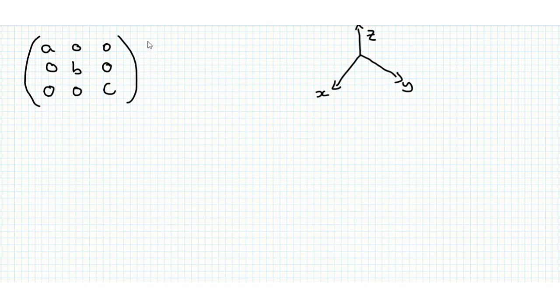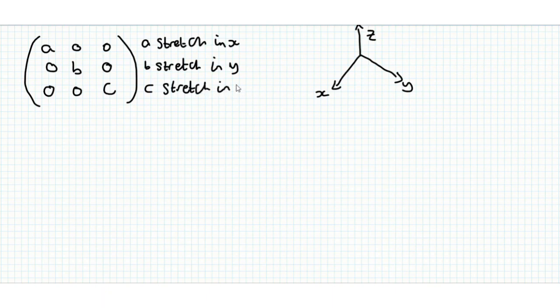And this matrix would give an A stretch in X, a B stretch in Y, and a C stretch in Z. And when I say an A stretch, B stretch, a C stretch, I mean a stretch by scale factor A, B and C, and in X is in the direction of the x-axis. So say A was 2, every point on here, its x value doubles.